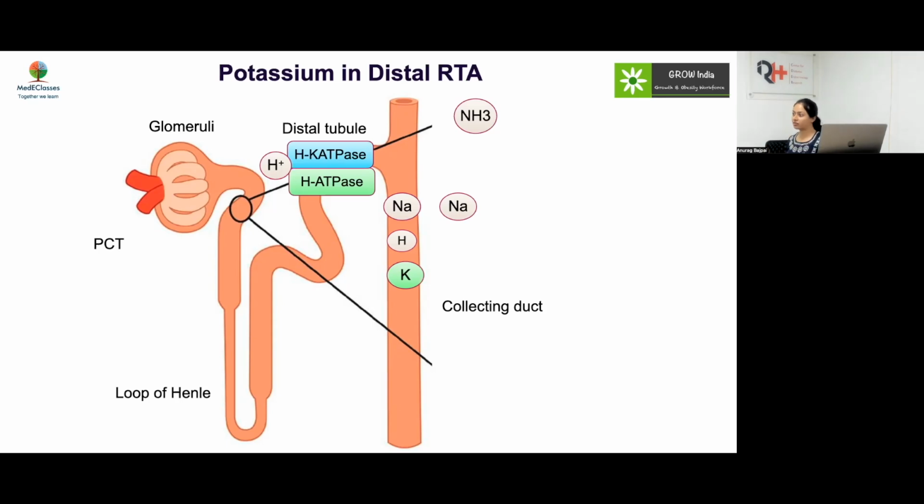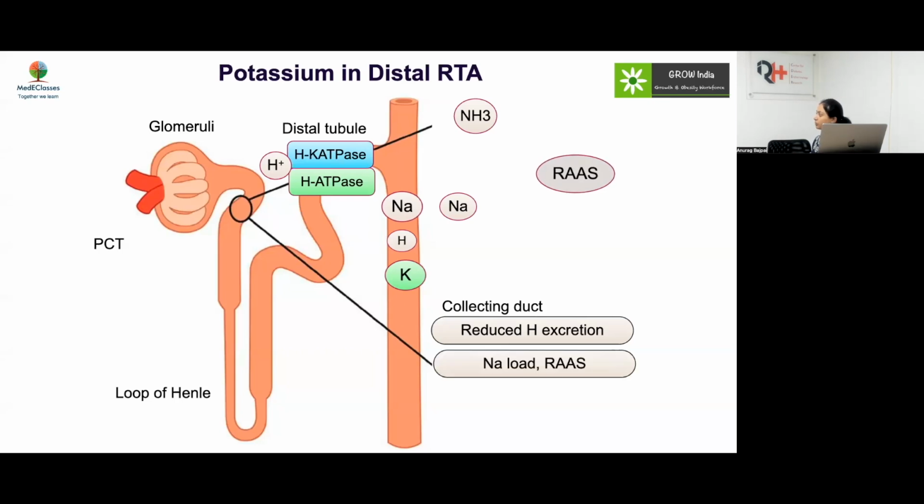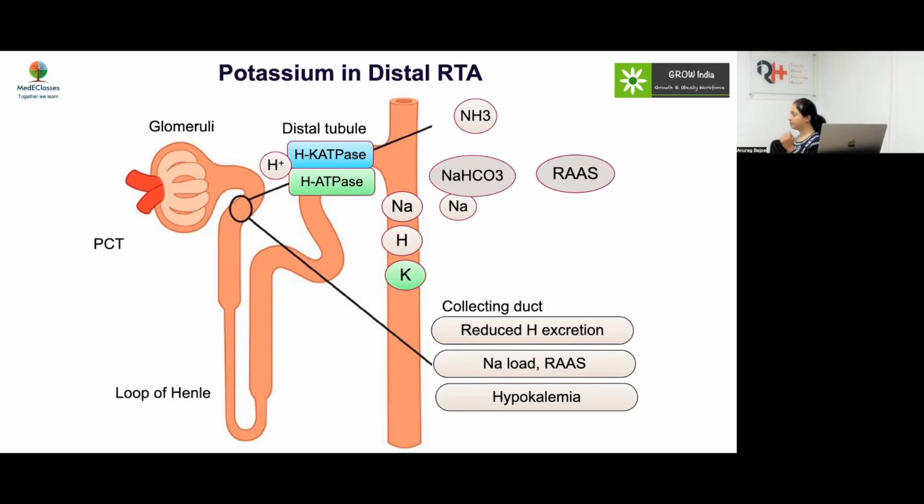You will try to conserve more sodium in this volume-depleted state and end up losing more potassium. So there is reduced proton excretion in distal RTA, and because of RAS activation, you end up losing more potassium, resulting in hypokalemia. This hypokalemia in distal RTA is often present at outset and may be the pathognomonic thing that will help you in clinching the diagnosis. Interestingly, with soda bicarb supplementation, there is resolution of acidosis and improvement in hypokalemia.